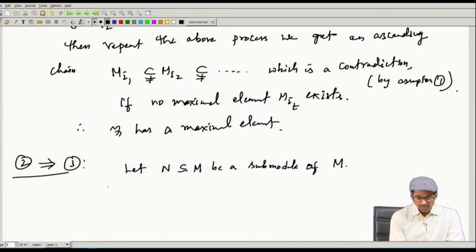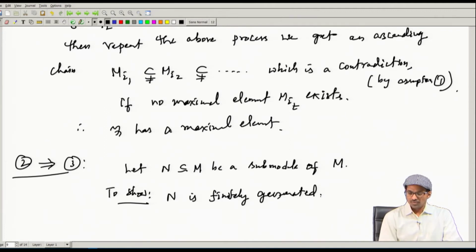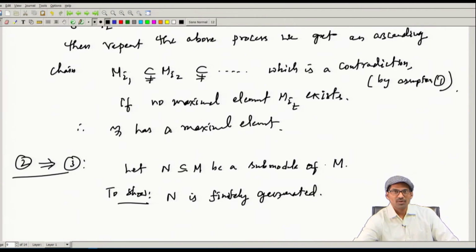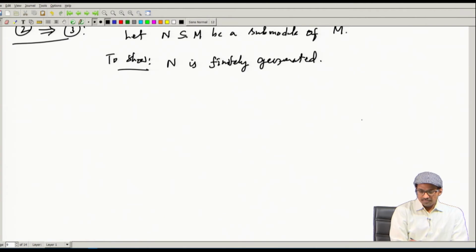Okay. So, then what we need to show? We need to show that N is finitely generated. Finitely generated means it has a finite generating set as a module. So, for that, let us consider the following family.